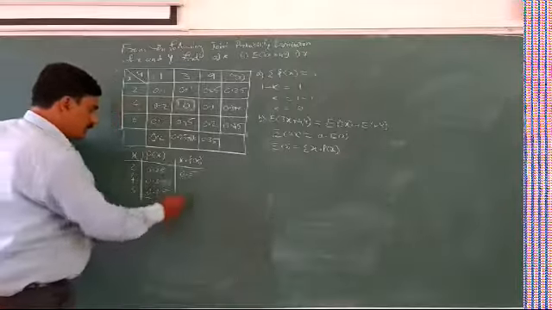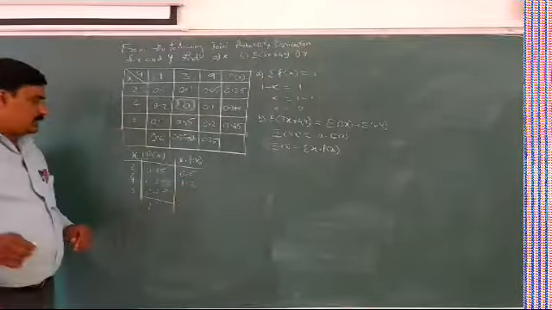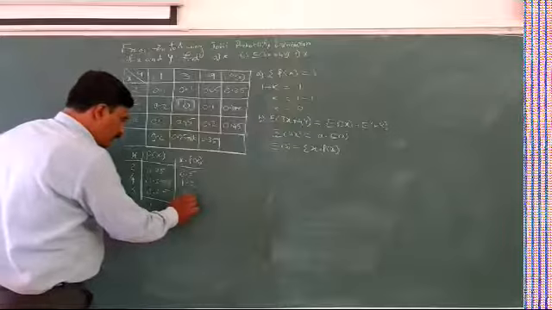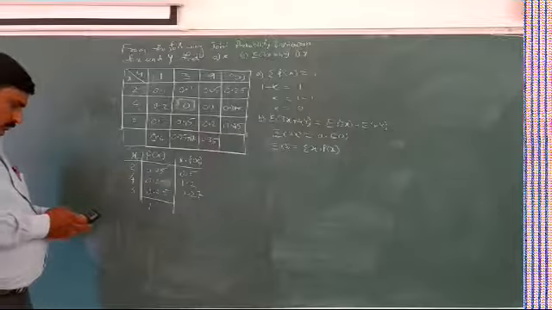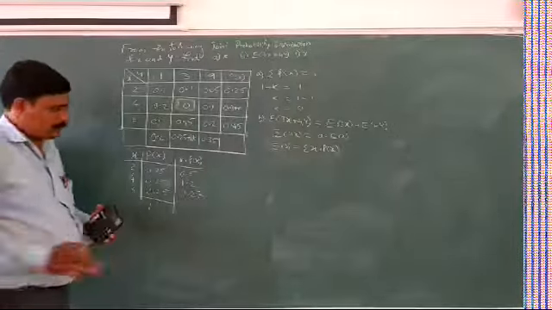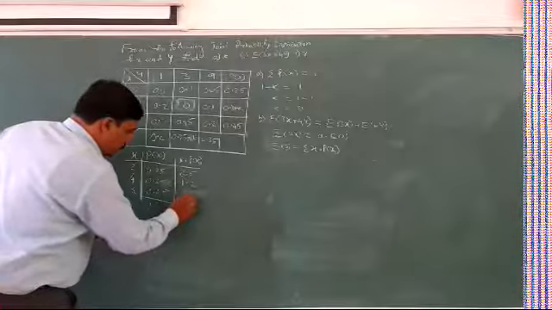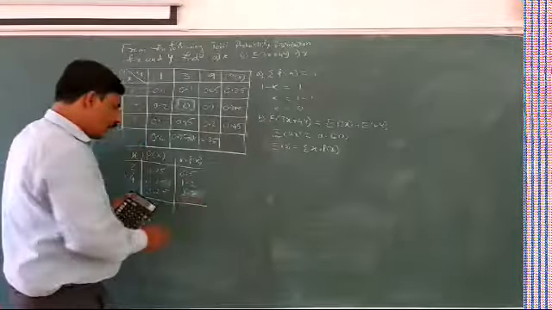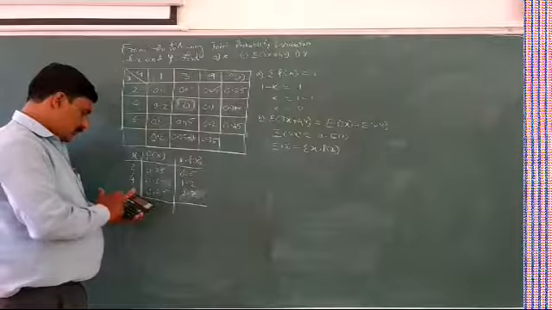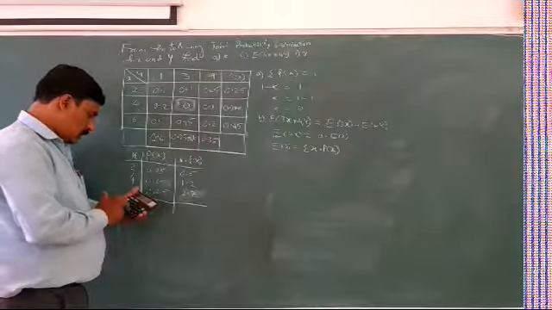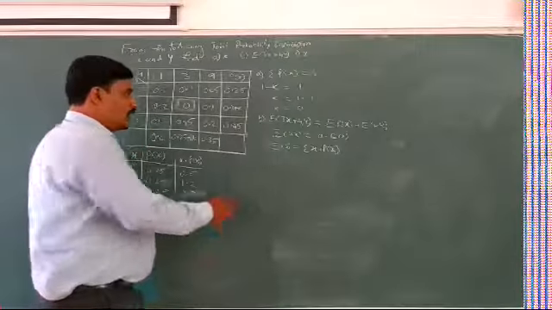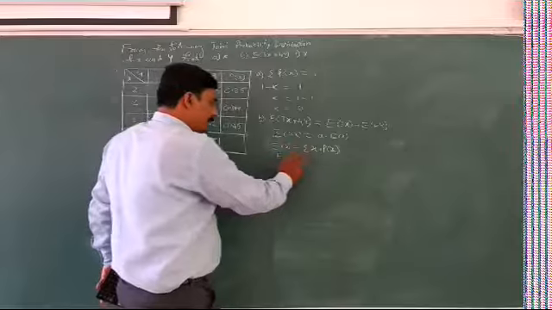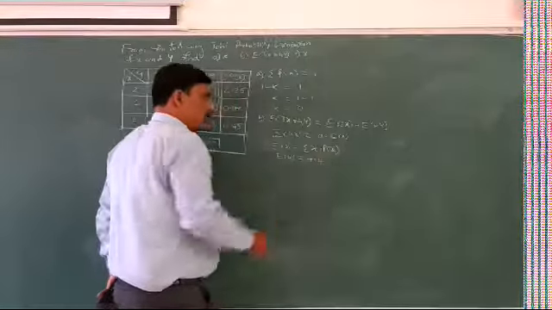Then 4 into 0.3 is 1.2, and 6 into 0.45 is 2.7. Now the total of this column, that is 0.5 plus 1.2 plus 2.7, is equal to 4.4. So therefore expectation of x is equal to 4.4.